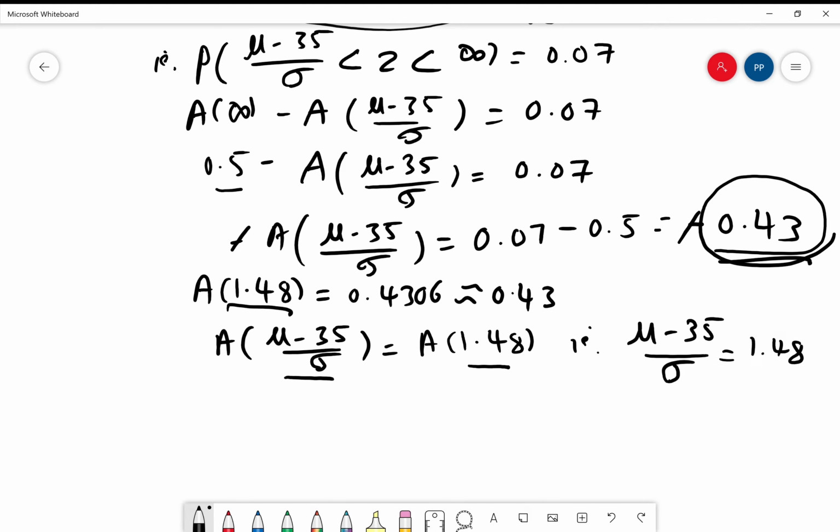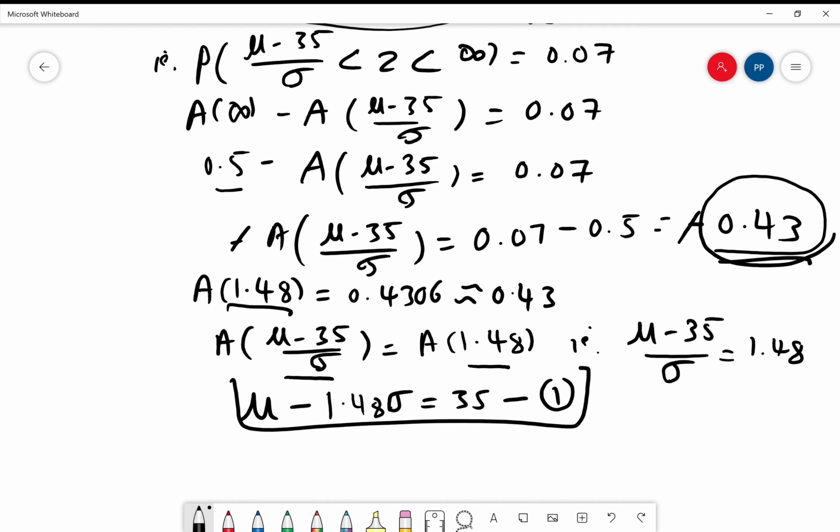Cross multiply and bring it to this side. From that, you are getting the first equation, namely mu minus 1.48 sigma equals, bringing 35 to the other side, plus 35. Call this equation 1: mu minus 1.48 sigma equals 35.